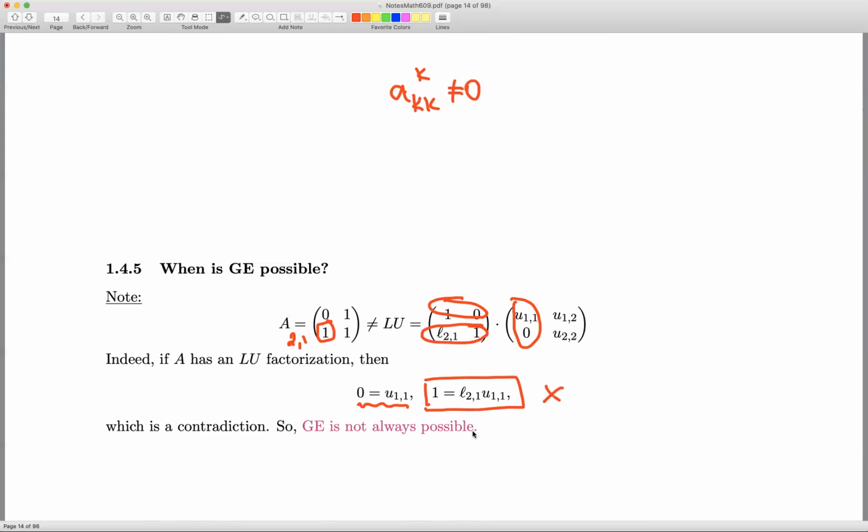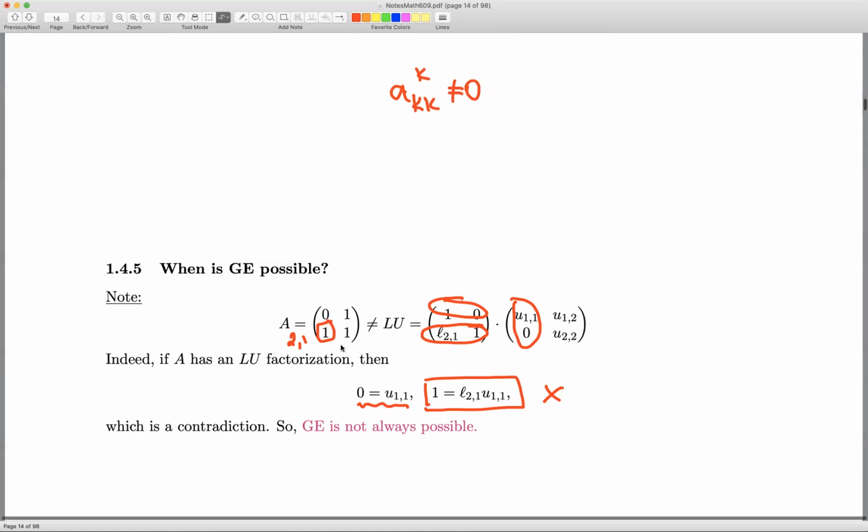And this cannot be, because we cannot have 0 times something equal to 1. This tells us that if some of the pivot elements are equal to 0, we cannot do an LU factorization in the usual way that we discussed. We cannot do Gauss elimination because our pivot element is 0 here, and we cannot divide by it.